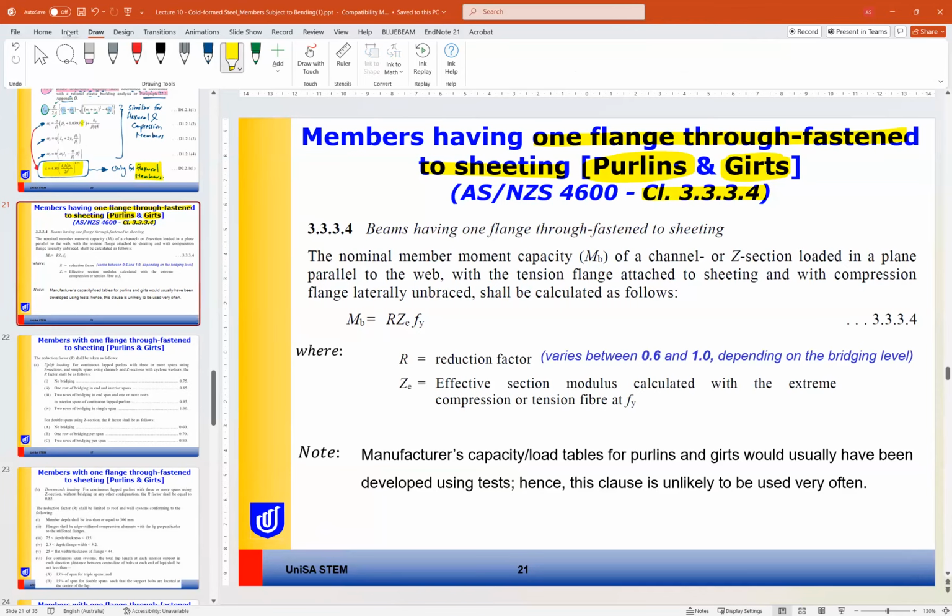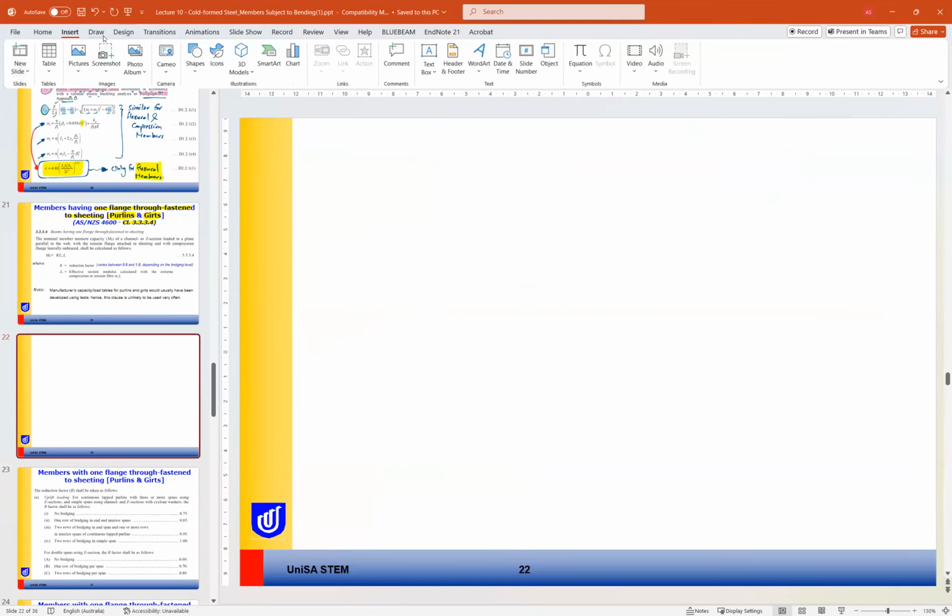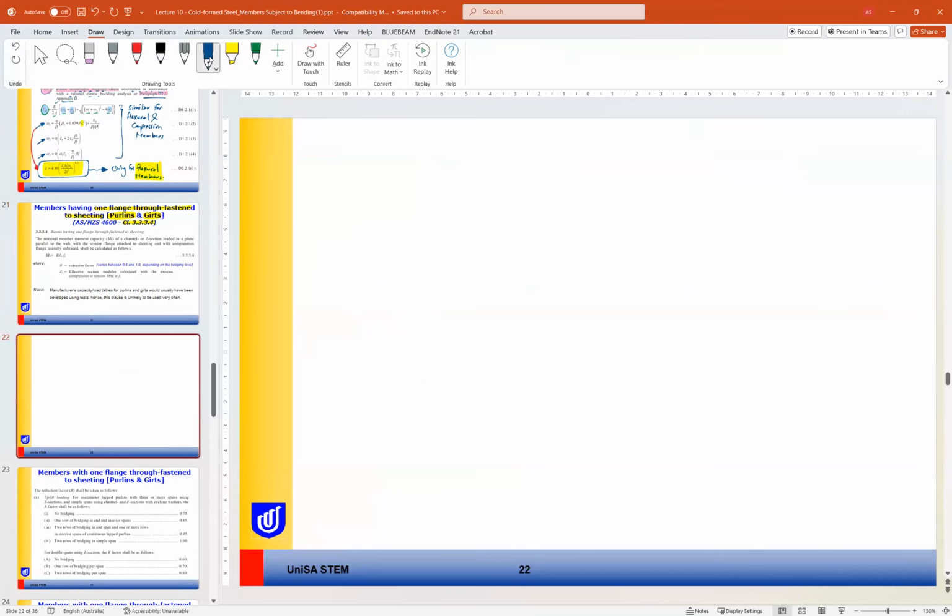So in this case, as you know, the purlin or the C-section, the purlin is fastened to the roof sheeting. So the roof sheeting gives it some restraint, so the behavior is different.